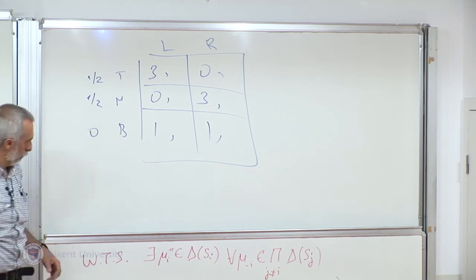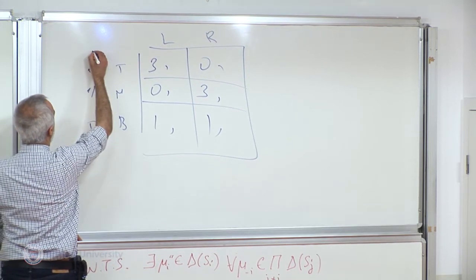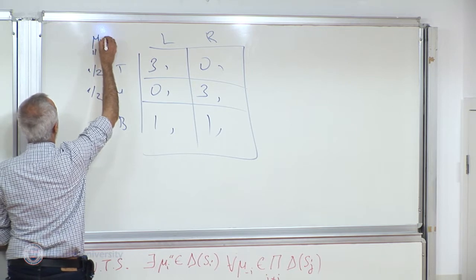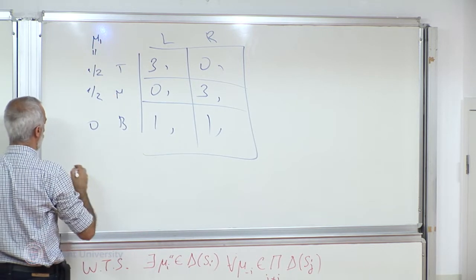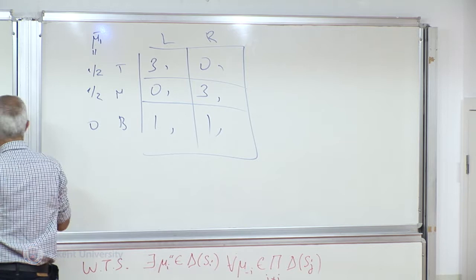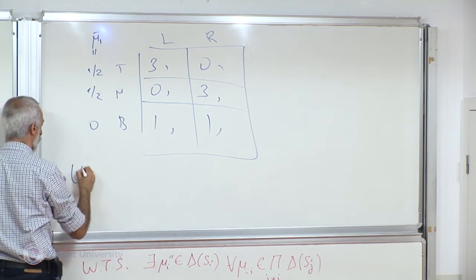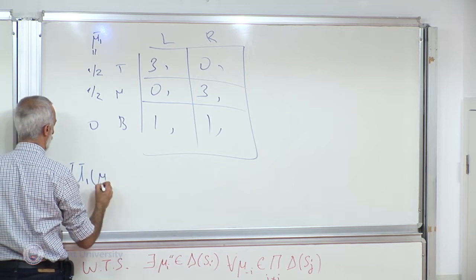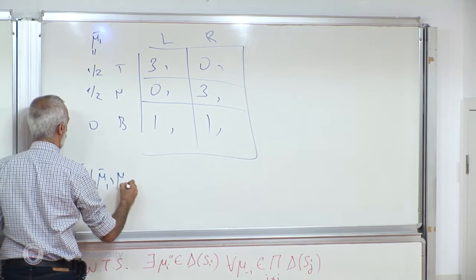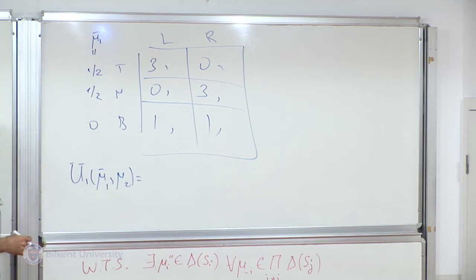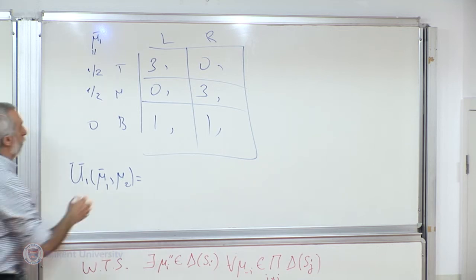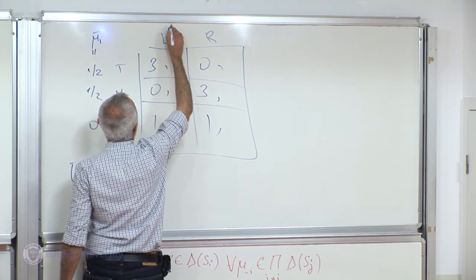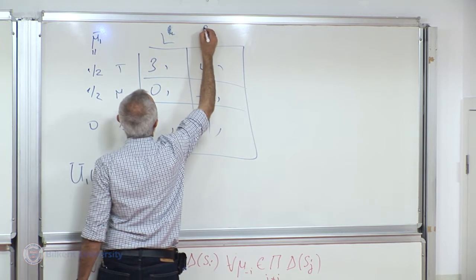Do you want me to write it down? Yep. Okay, so let's call this mu1 bar, because we had all the tildes and all that stuff. So what is mu1 bar, mu2? Let's call this QL, QR.